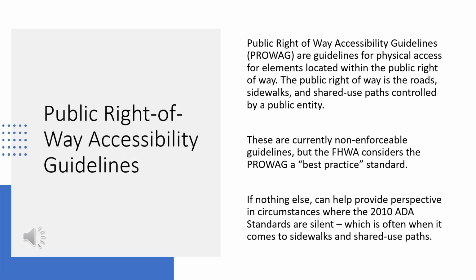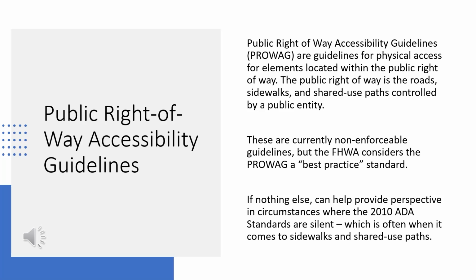The Public Right-of-Way Accessibility Guidelines, or PROWAG as they're sometimes called, are guidelines for physical access for elements located within the public right-of-way. The public right-of-way are the roads, sidewalks, and shared use paths controlled by a public entity. These are currently non-enforceable guidelines.